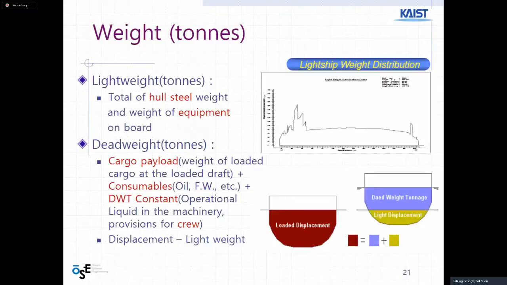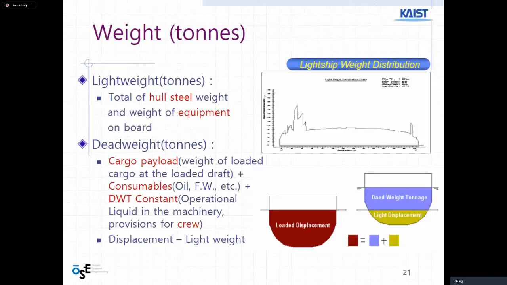This is an empty car, a light car, the lightweight of the car. Same as this. And deadweight includes cargo and then some more: some oil, fresh water, crew members, luggage, and lubrication oil in the engine.